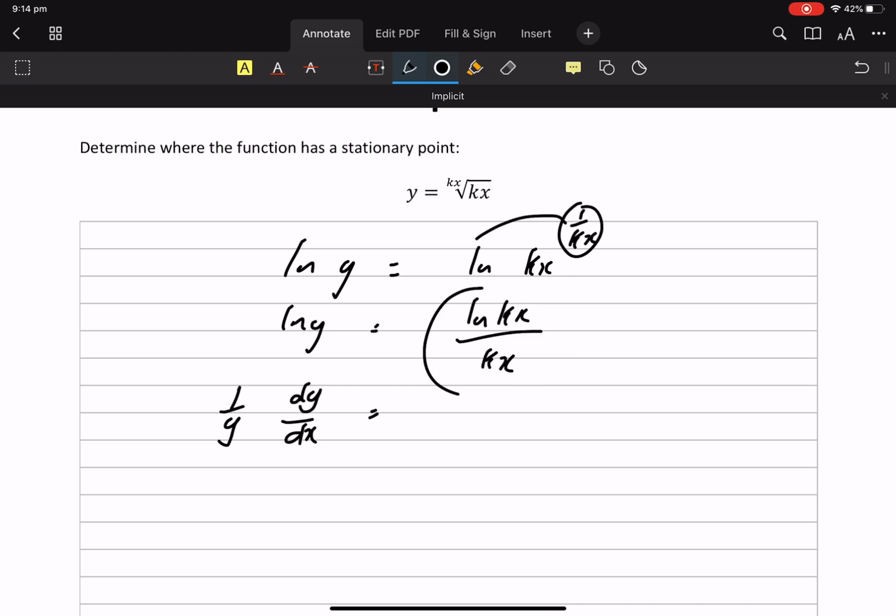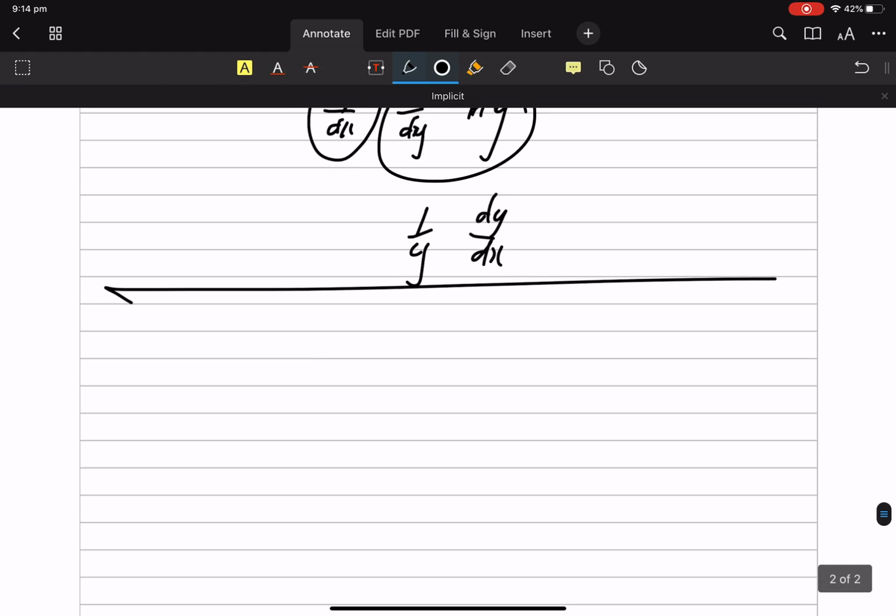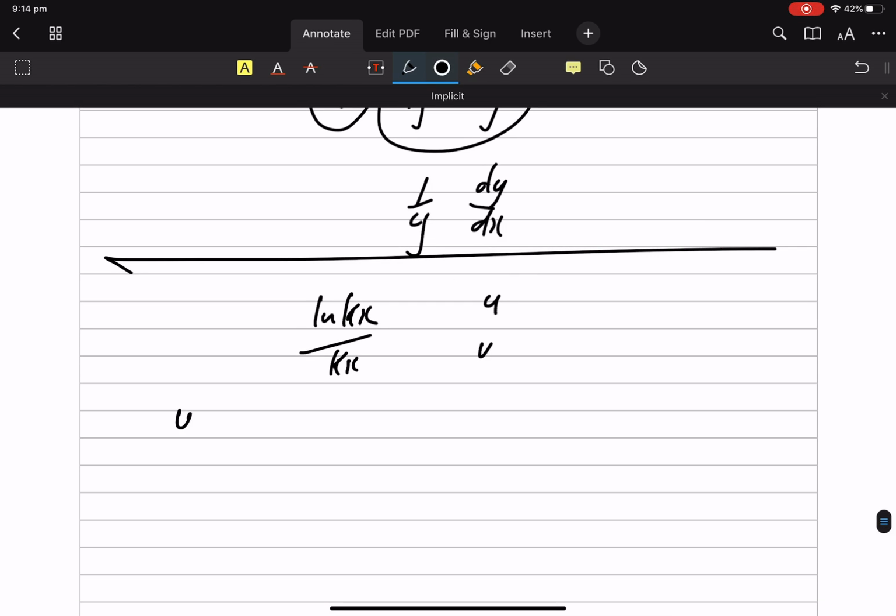Okay, now we just got to differentiate that. Well, that's a quotient rule. Log kx on kx, well, that's a u and that's a v. U dash is 1 on x, v dash is just k.